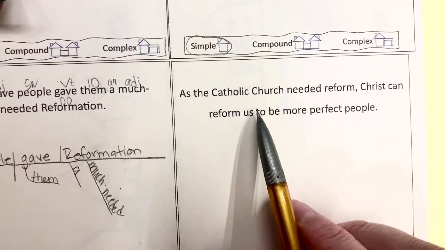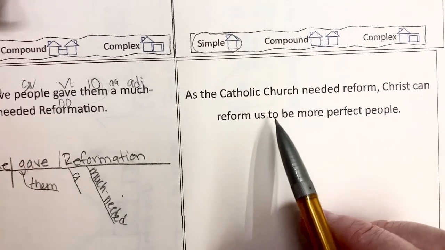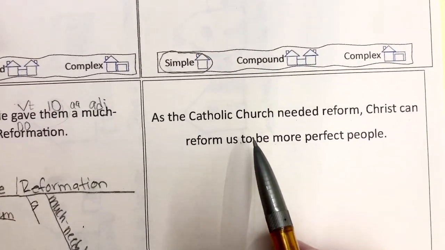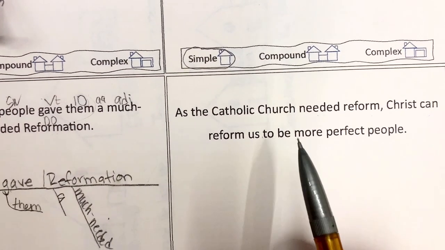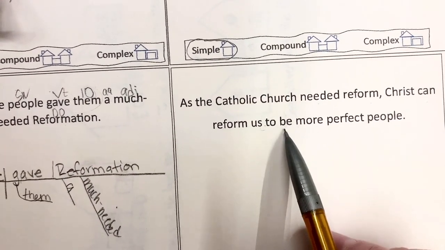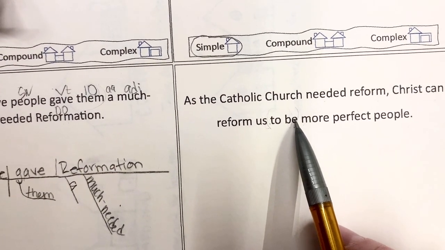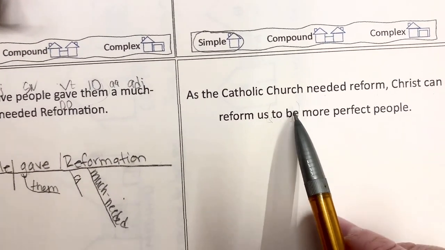Well, you might have been tempted to say to is a prepositional phrase. And you're right, to can be a preposition. If I said to the store, then store is its object. But in this case, to be, is be a noun? No, it's actually a verb.